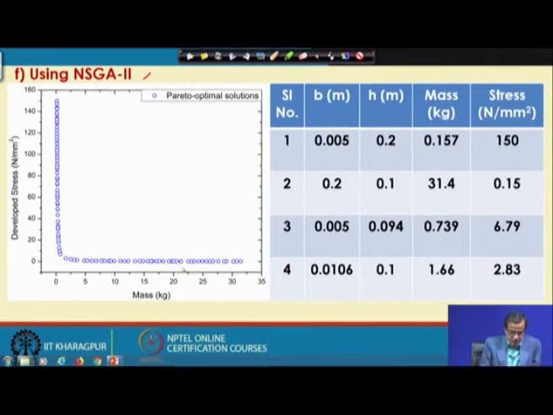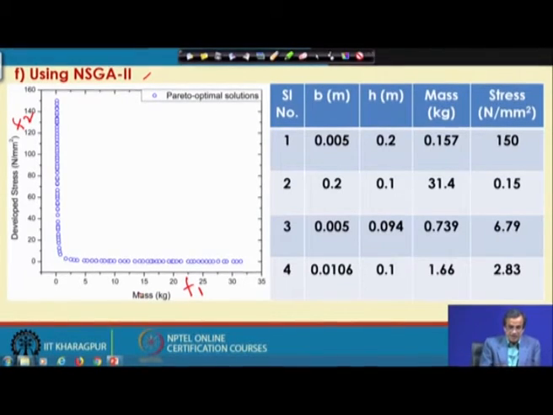of solution. Now, here along this axis I am going to plot the mass, that is nothing but F1, and the developed stress is nothing but F2, and our aim is to minimize both F1 and F2. But the fact is, if F1 increases, then F2 is going to be reduced and vice versa.